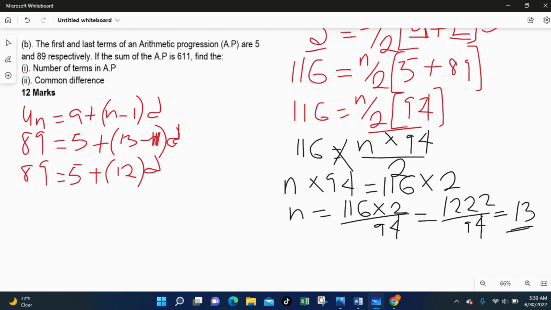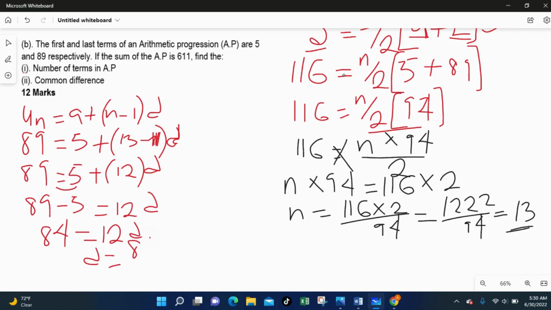Simplifying this, we have 89, and when 5 moves across, it gives minus 5, equal to 12d. So 89 minus 5 will give us 84, which is equal to 12d. So we'll find that our d will be equal to 84 divided by 12, which will give us 7.